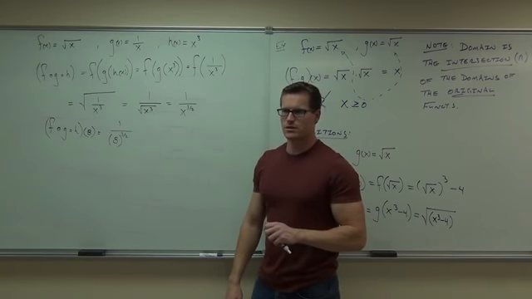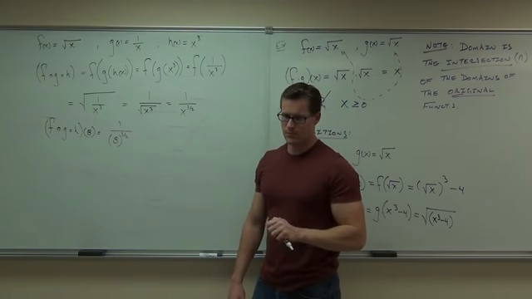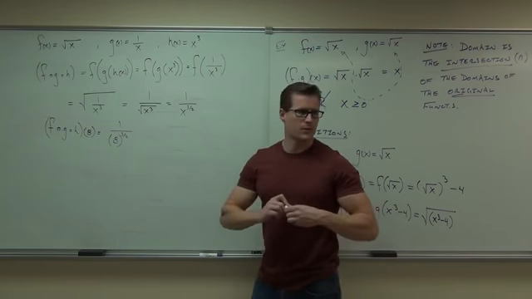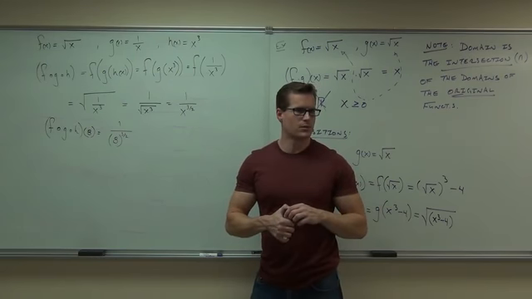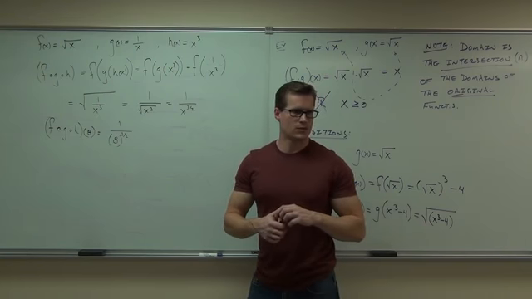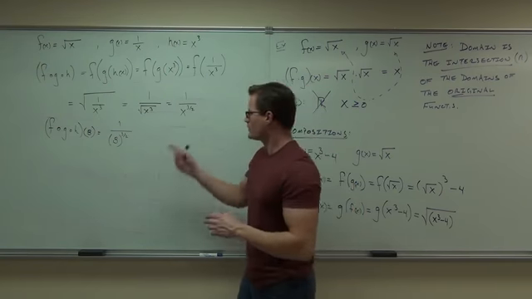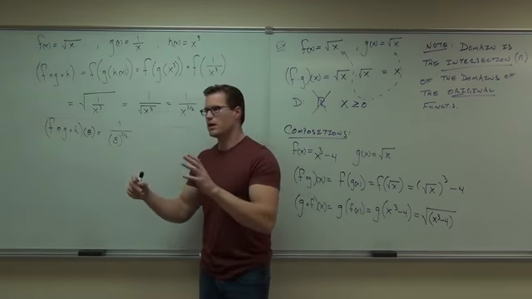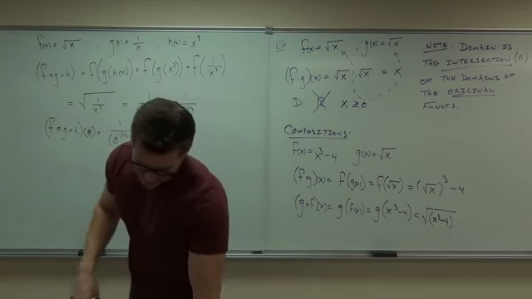To the 3/2. 1 over, is it a decimal? Okay, well, leave it 1 over 8 to the 3/2 for now. If it's something like a 4, you could have taken a square root and then cubed it. You would have gotten 1/8.